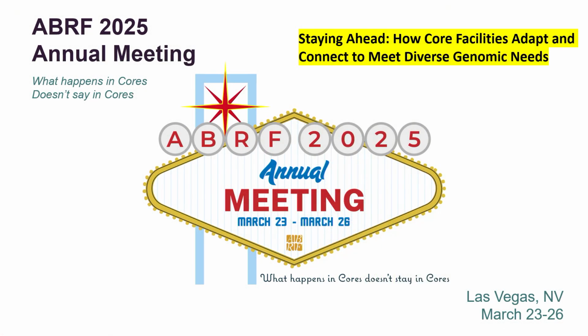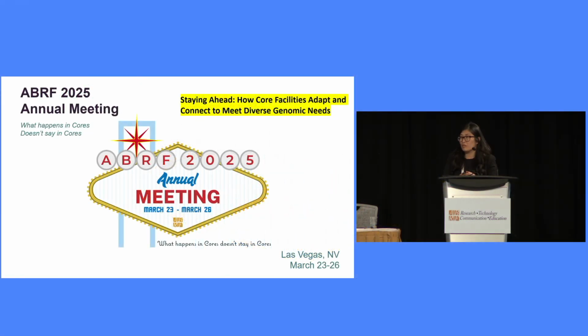So our session title is Staying Ahead: How Core Facilities Adapt and Connect to Meet Diverse Genomics Needs. So we really care about our core efficiency and how we provide our customers better service with the newer technology. So we're going to talk about this here because we are all experts here.